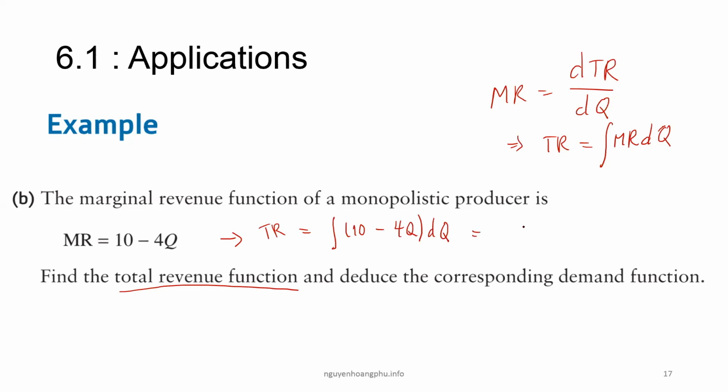So it will be equal to 10Q minus 4 times Q squared divided by 2, using Q to the n plus 1 divided by n plus 1. And of course, we need to have a constant C. So 10Q minus 2Q squared plus C. Okay.